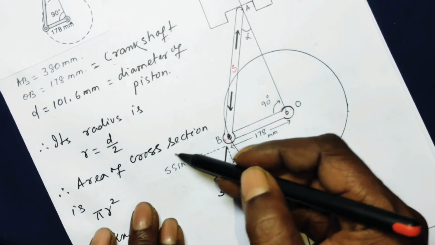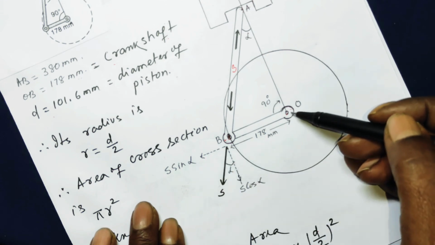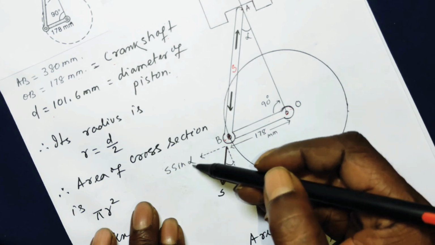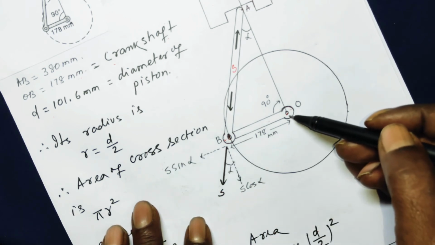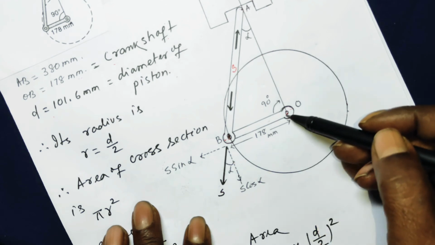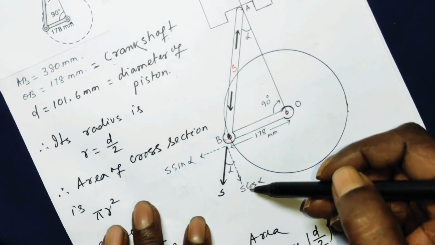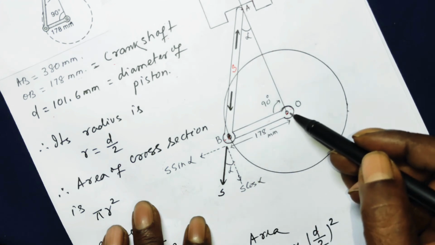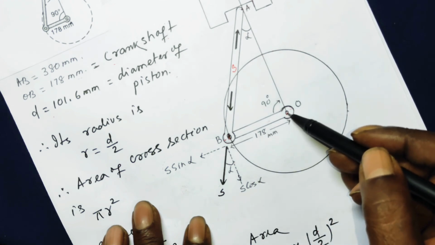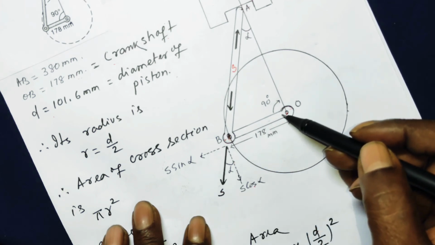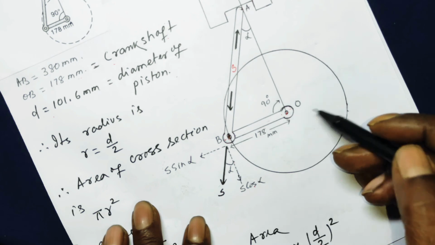The line of action of S sin alpha passes through the point O, so S sin alpha will not have a turning effect about point O, whereas S cos alpha will have a turning effect about point O, because the line of action of S cos alpha is at a perpendicular distance of 178 millimeter from here. So this will have a turning effect on the crankshaft about the moment center O.